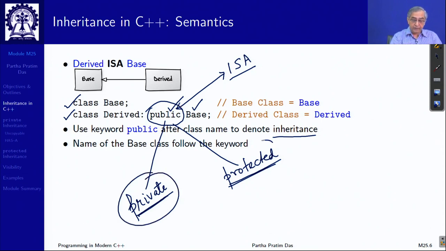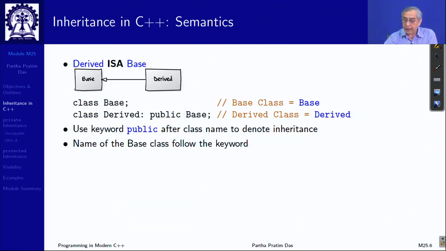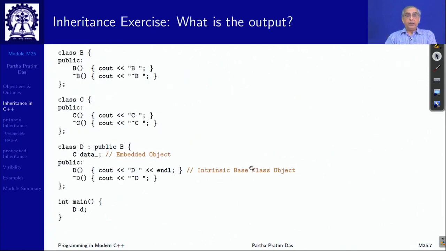These are available, they have some semantics and we will learn what those are, but we have to be very cautious in using them. So, with that introduction, let me get into the details.